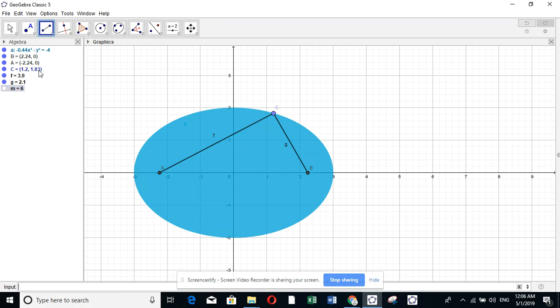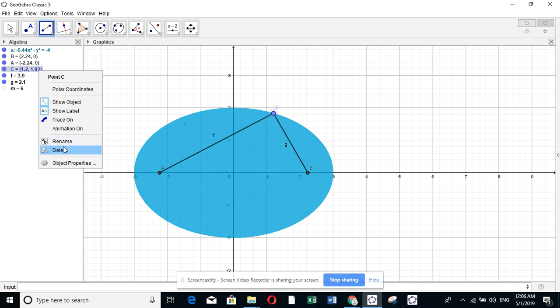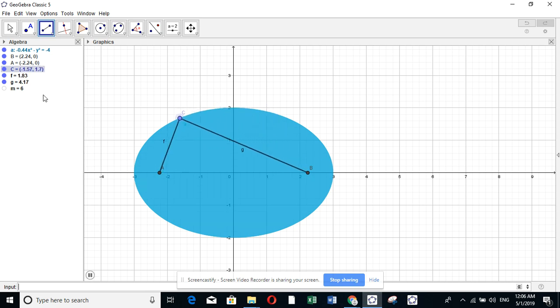If you animate point C, whenever the point moves, F and G differ, but their sum is fixed and will not change. It's equal to 6.